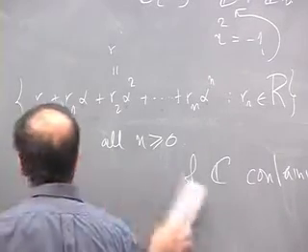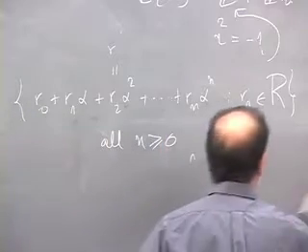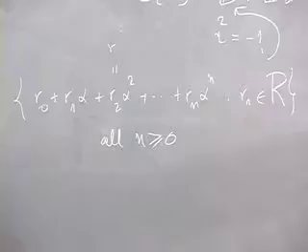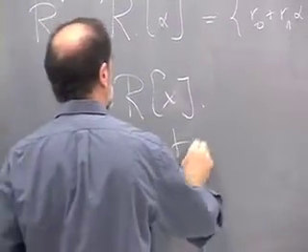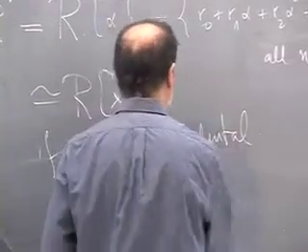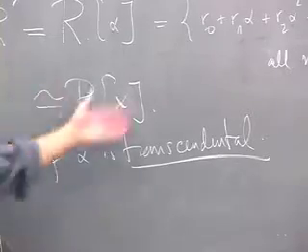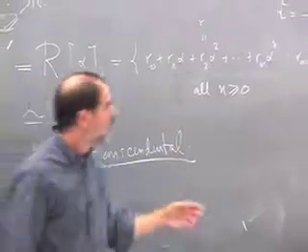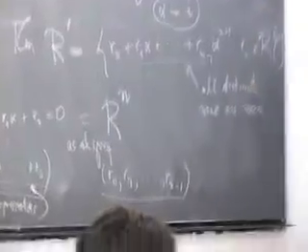So if all those things are distinct, that says that if alpha is transcendental, this ring is isomorphic to the ring of polynomials in X over R. There are no relations among the polynomials. So in particular, it's got an infinite number of copies of R, the coefficients of an arbitrary degree polynomial.